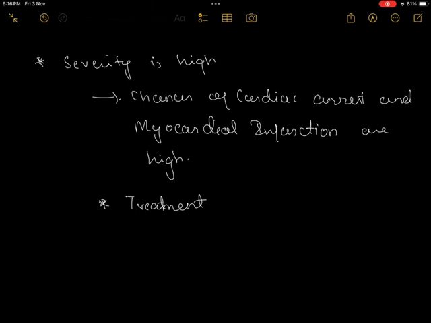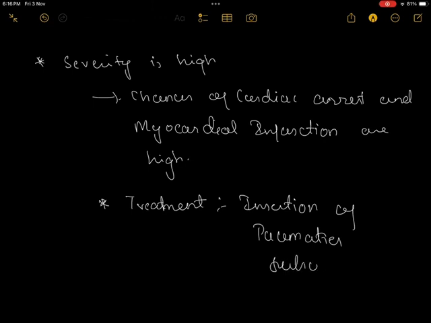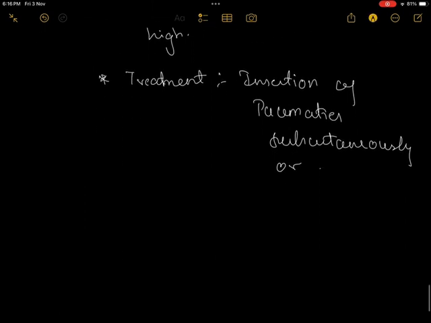So usually the pacemaker is inserted below, towards the right part of our heart. So treatment is insertion of a pacemaker subcutaneously, in front of the chest.